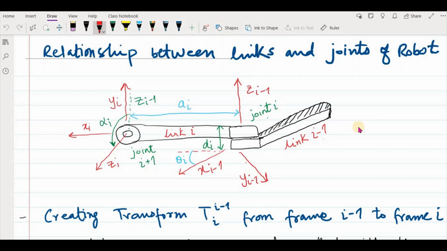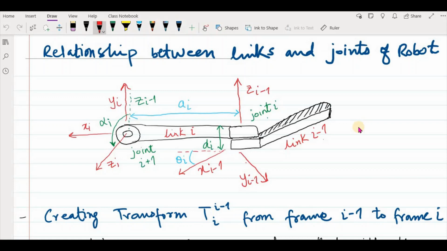This shows how much your joint i is being rotated. The length of the link is fixed, but this theta i is a variable. It can change according to the rotation of this joint i.